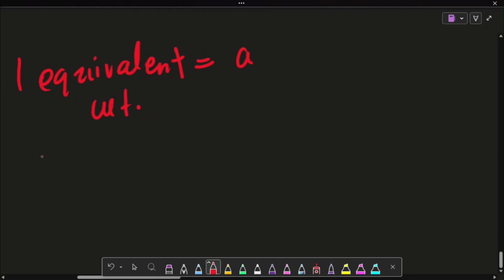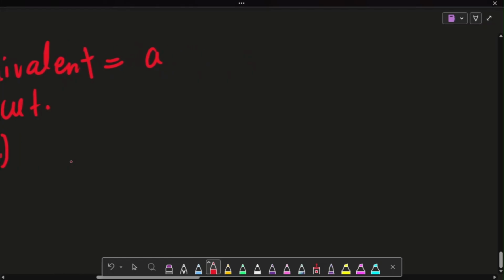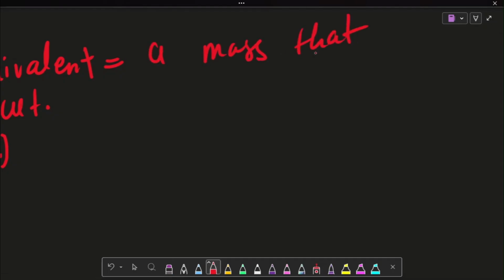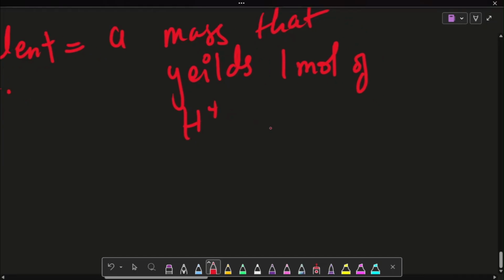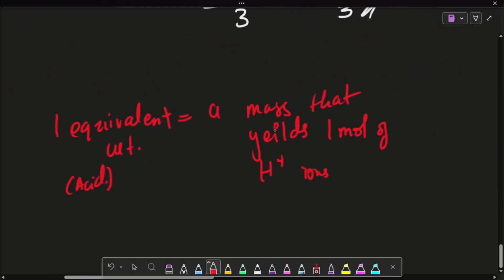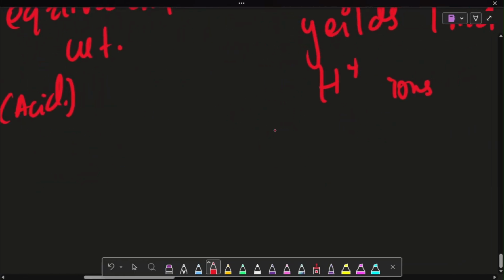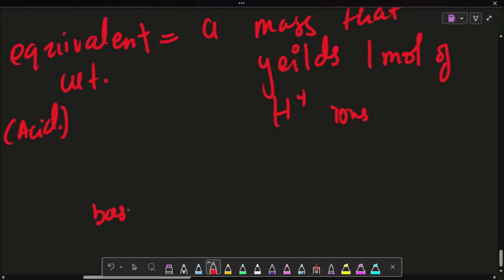Let's say for acid, 1 unit equivalent weight is nothing but a mass that yields 1 mole of H plus ions. This is specifically for acids. For bases, it would be OH minus. Same definition but just with OH minus.